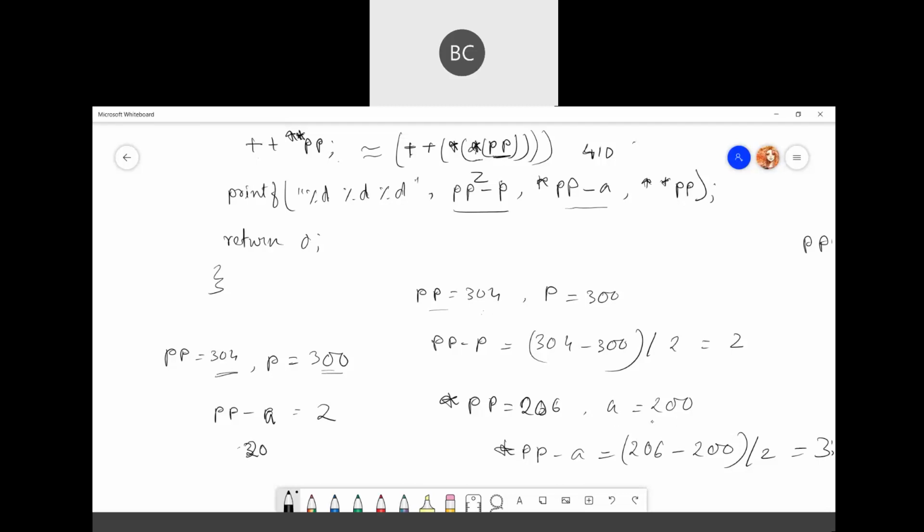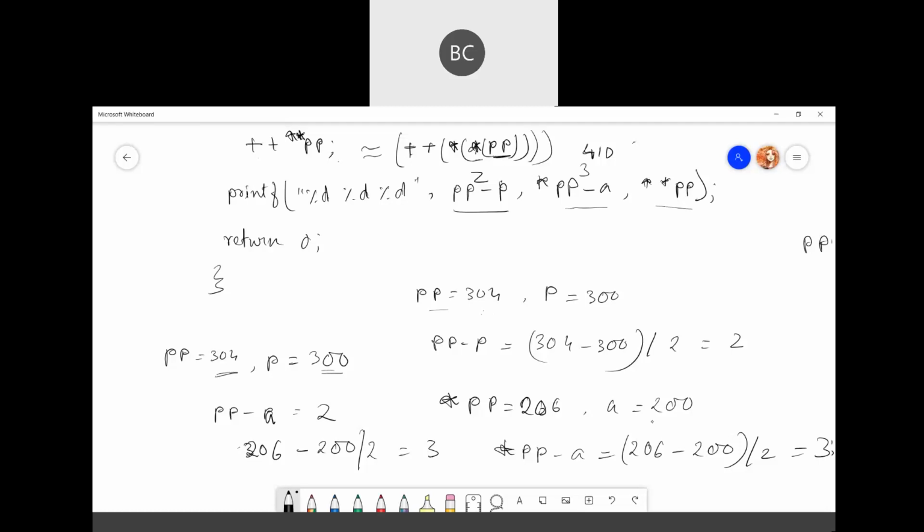So same thing, pointer PP minus this 206 minus 200 again divided by 2 will be 3. So this one will be 3.